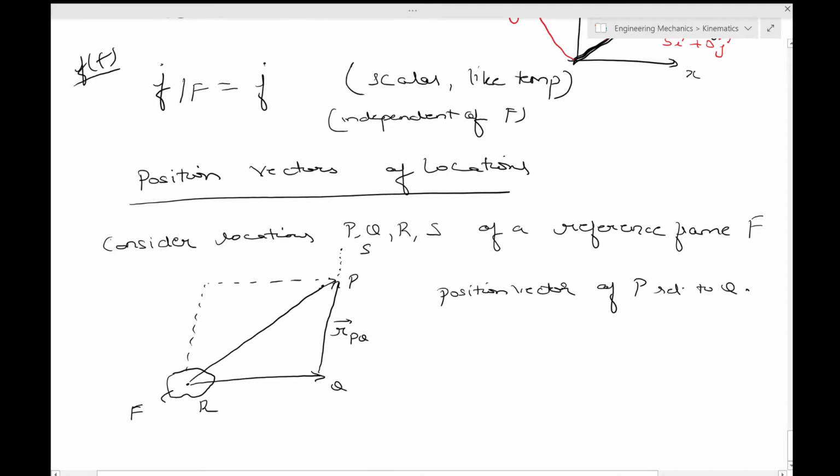It is a line segment going from Q to P, which is this one. So this is the position vector of P relative to Q. So RPQ is equal to the vector QP.